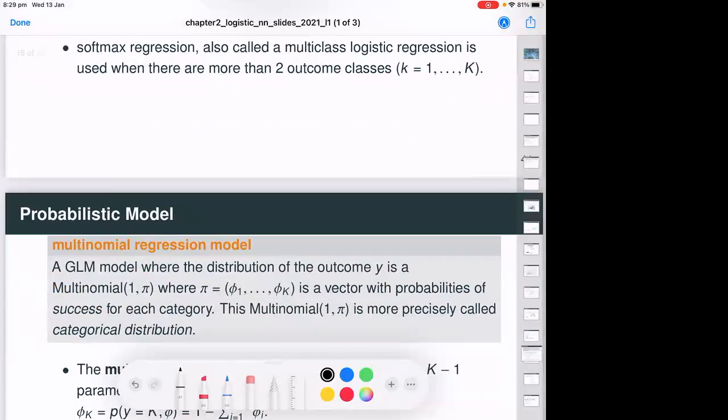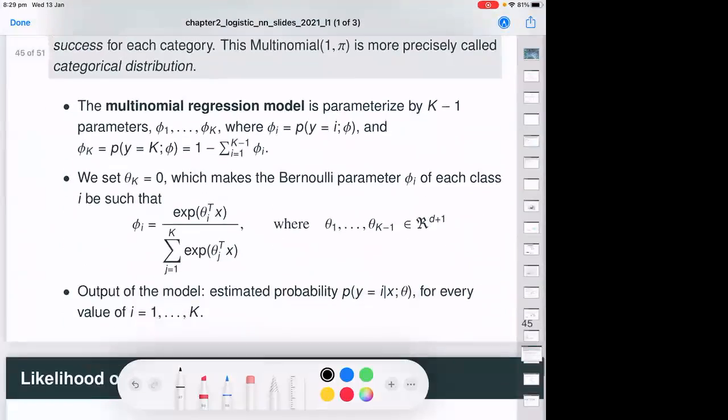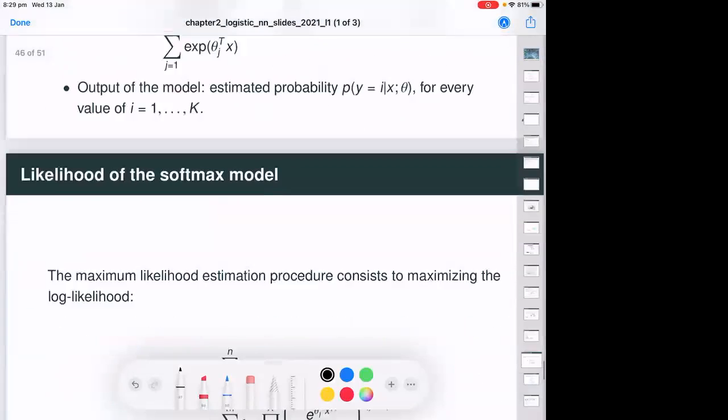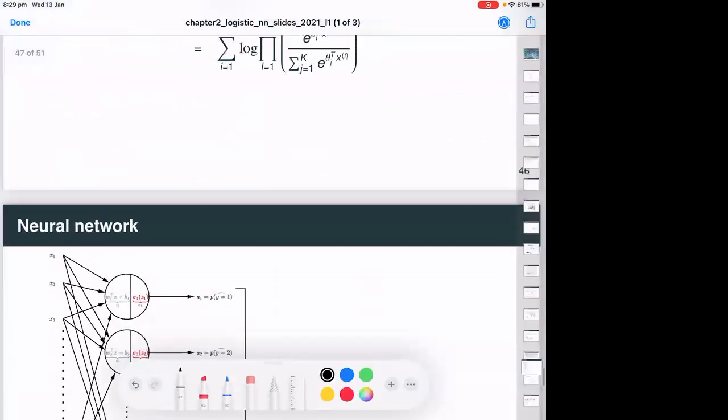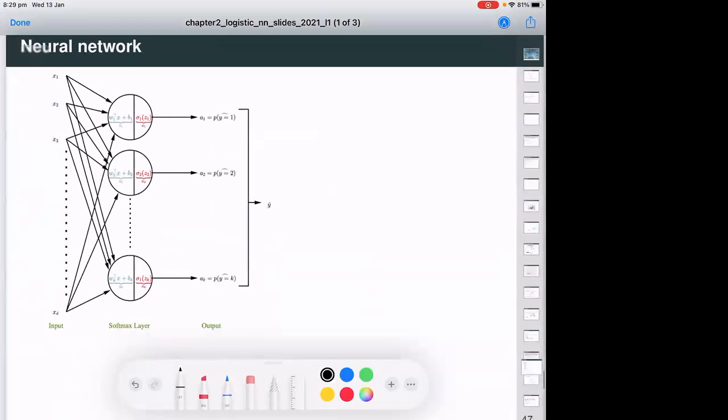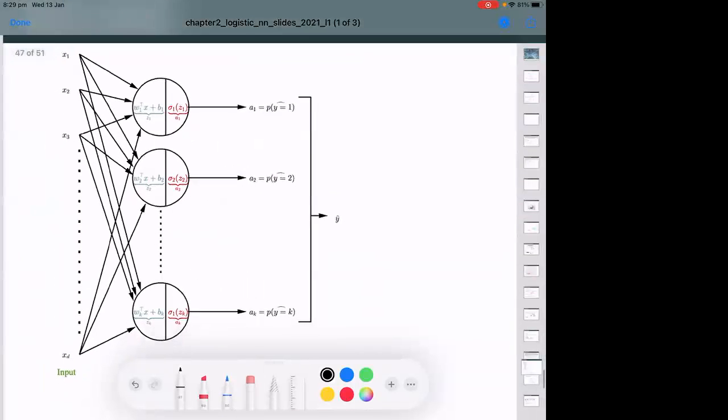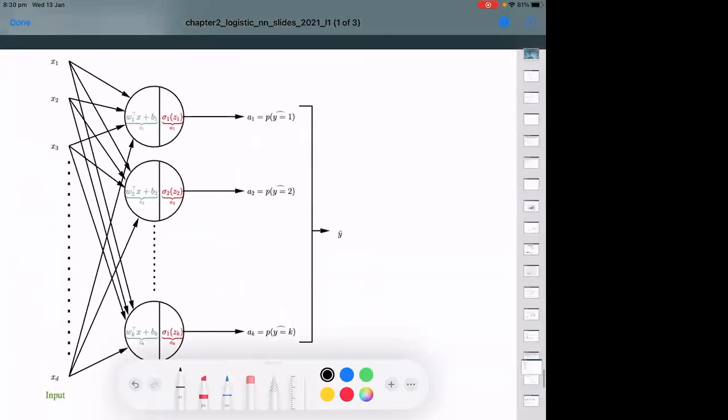The softmax is related to the multinomial distribution, and these nice pictures help. At the beginning, in the draft slides, I did this by hand, and thanks to Sarat we have these nice pictures. They help to understand the softmax model. You have your input, called the input layer.